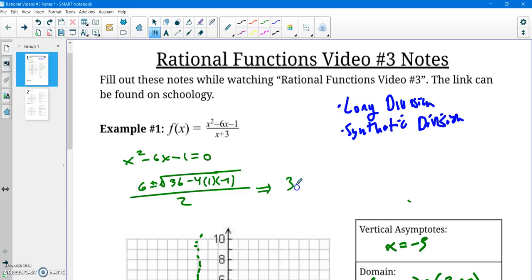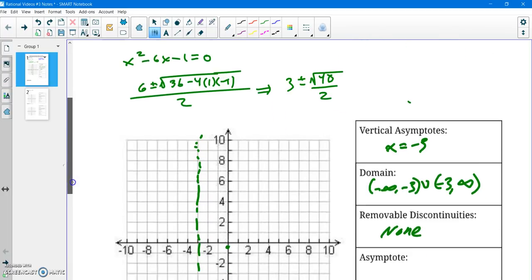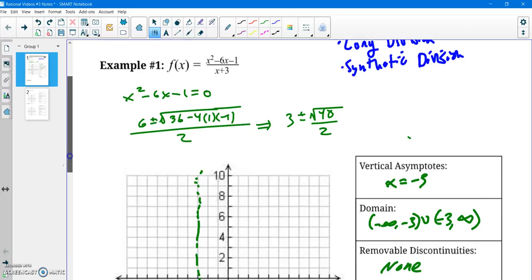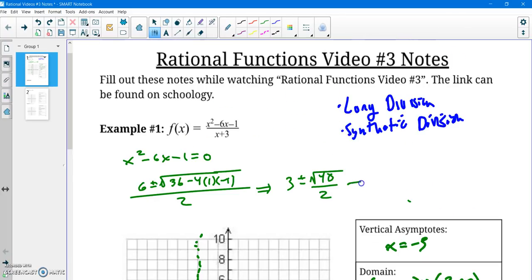It'll end up being 3 plus or minus the square root of 40 over 2. If I'm going to actually write the x-intercepts, I should write them in exact form and maybe even simplify that a little more. So it would be 3 plus or minus 2 root 10 over 2, so 3 plus or minus the square root of 10.